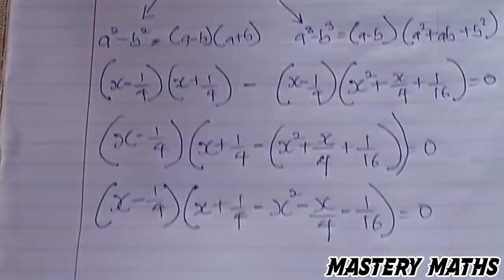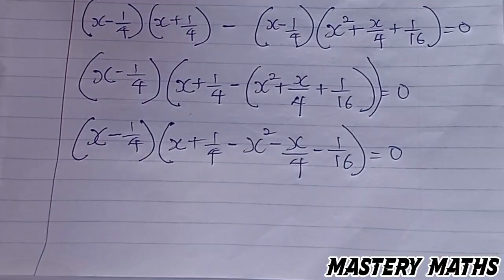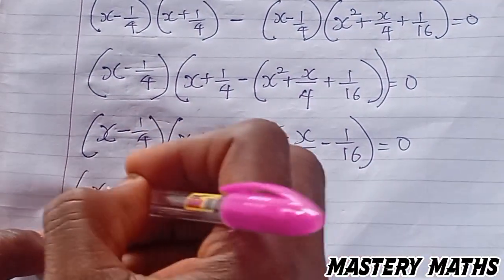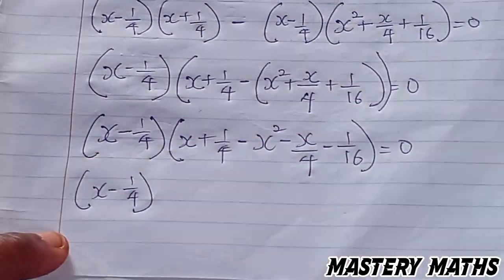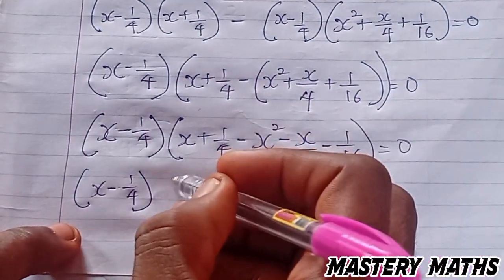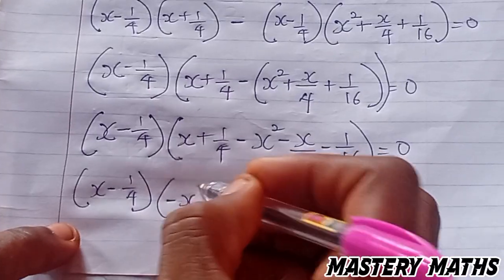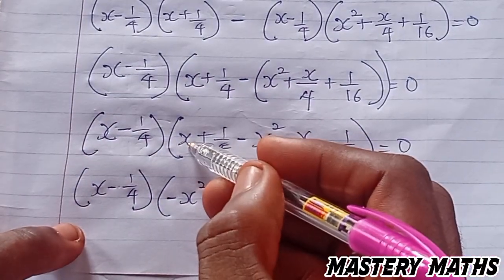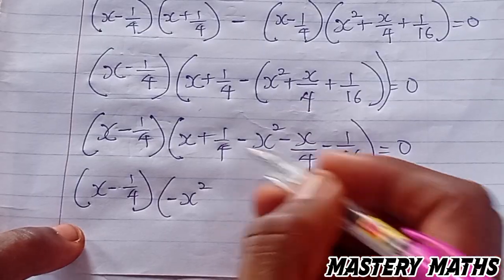See that? Now what should be the next thing? Since we've opened the bracket, we'll also bring this down: X minus 1 over 4. Now our minus X squared comes out. Now let's add. X minus X over 4.